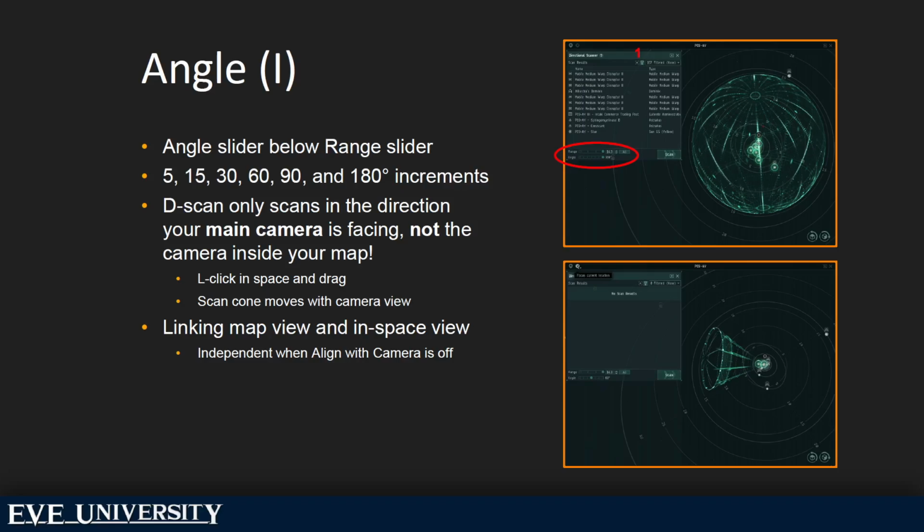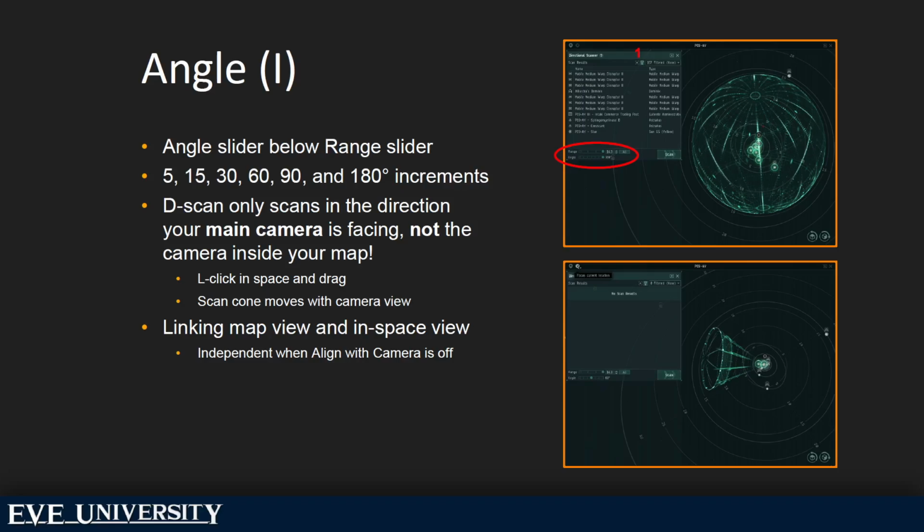Let's talk about angle first. The angle allows you to check not just the entire sphere, but a specific object that is included in the directional scanner angle. So, for example, you want to check what's going on at a specific planet, and the entire sphere, which is 360 degrees, will not show you that.